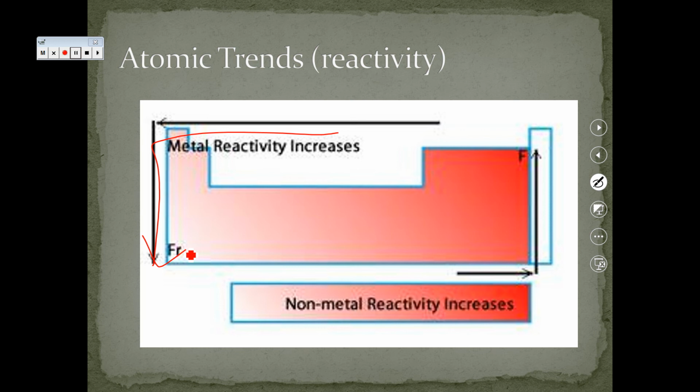For nonmetals, because nonmetals are not losing electrons, they are pulling electrons towards them, their attraction gets greater as you go towards fluorine. So the most reactive metal is francium. The most reactive nonmetal is fluorine. So they are at the opposite ends of the periodic table.